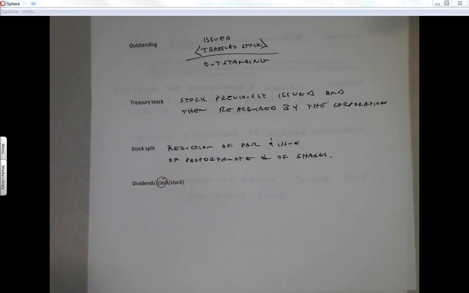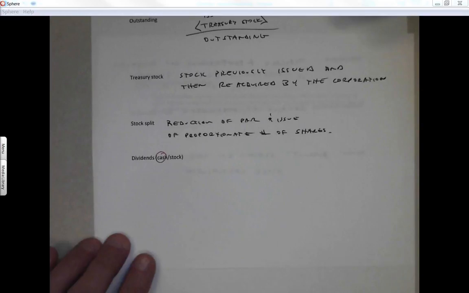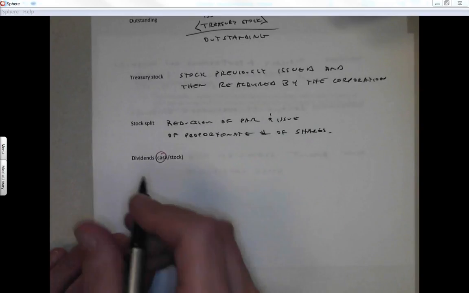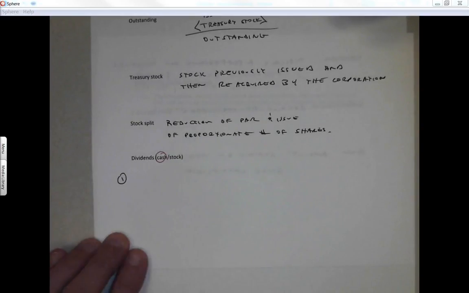There's a couple of things we need to know about cash dividends. A couple of important things for cash dividends. First, there's a couple of different dates.